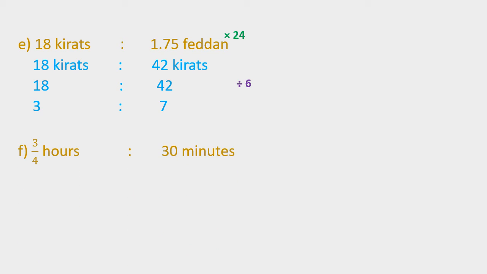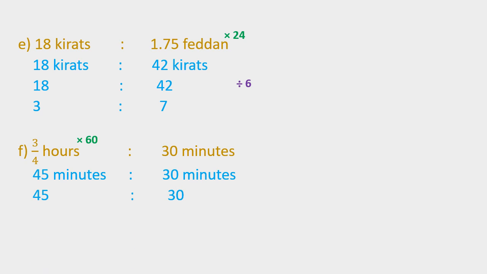Next: 3/4 hours to 30 minutes. We can convert the greater unit to the smaller unit, and an hour has 60 minutes. Then we multiply 3/4 by 60, which equals 45 minutes, to 30 minutes. We can ignore the units because they are the same unit.